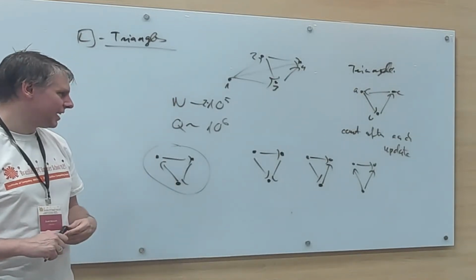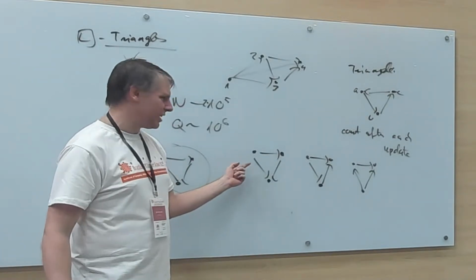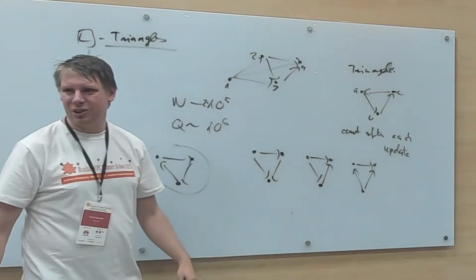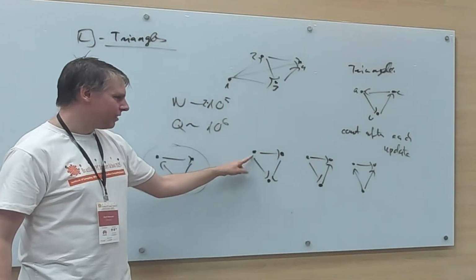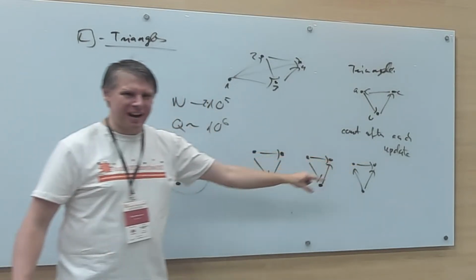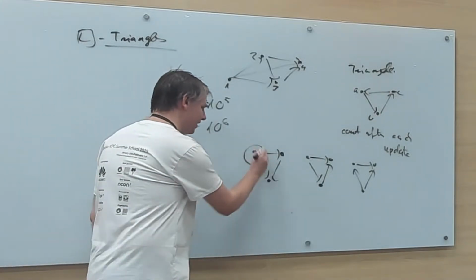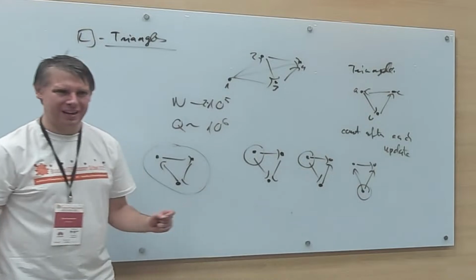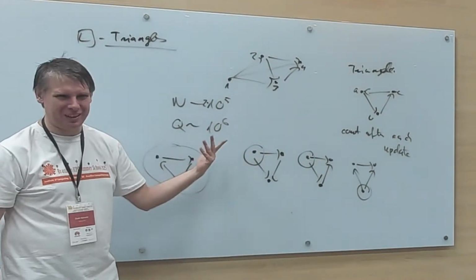And the observation, well, there are 2 ways to do this. One observation that you can make is, in the cases when there is no triangle, we have one vertex with 2 outgoing edges, and it's easy to see that if that's the case, then they cannot form a triangle, obviously.